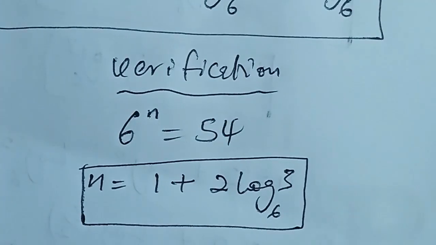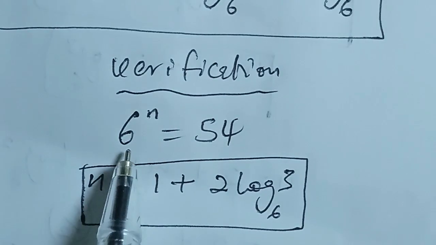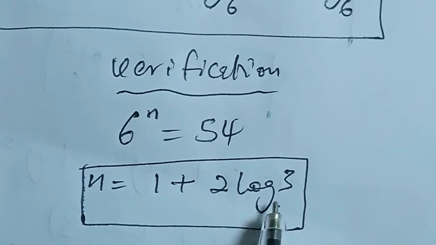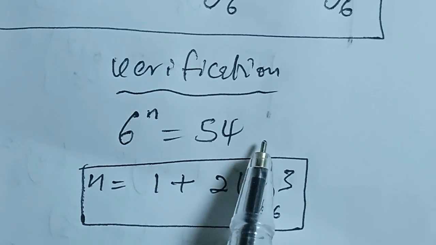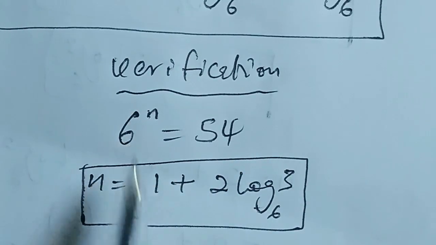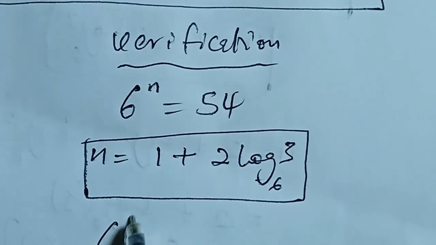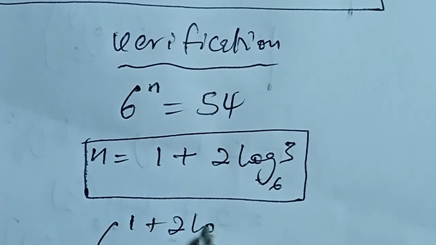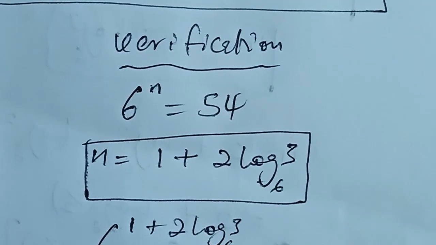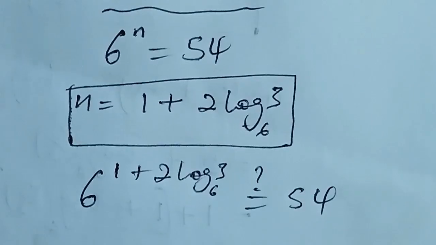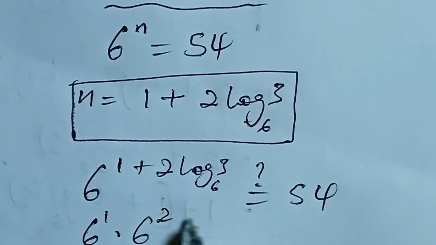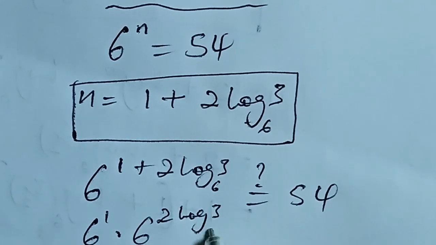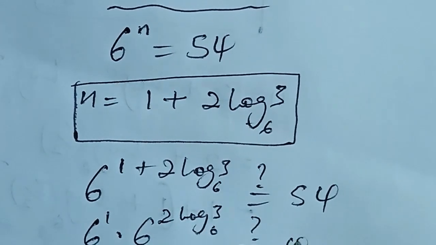We use this value to verify if the left hand side is equal to the right hand side. Substituting this value into the expression, we have 6 to the power of 1 plus 2 log 3 base of 6, is that equal to 54. Then we have 6 to the power of 1 multiplied by 6 to the power of 2 log 3 base of 6, is that equal to 54.